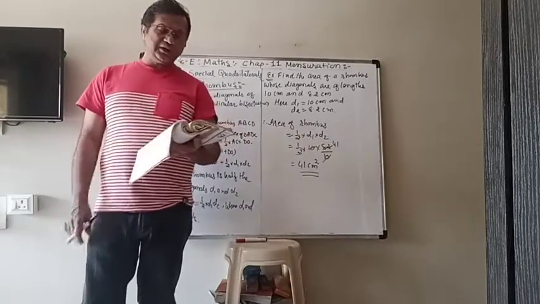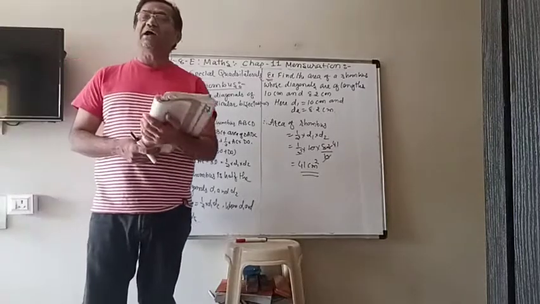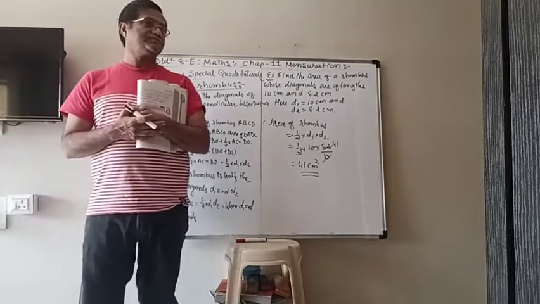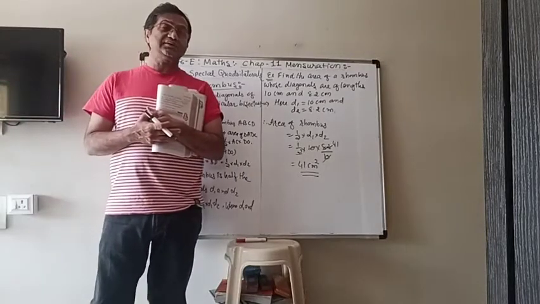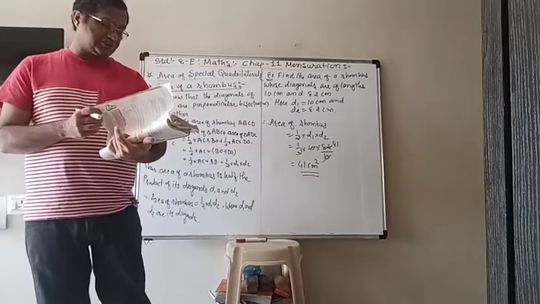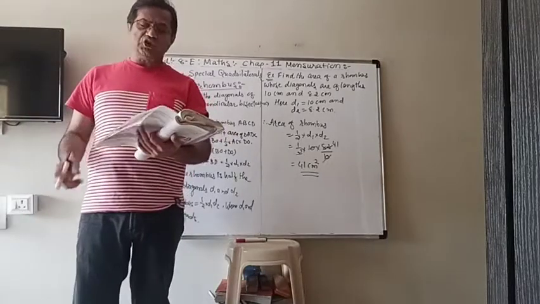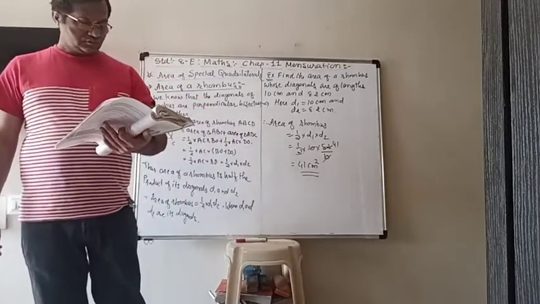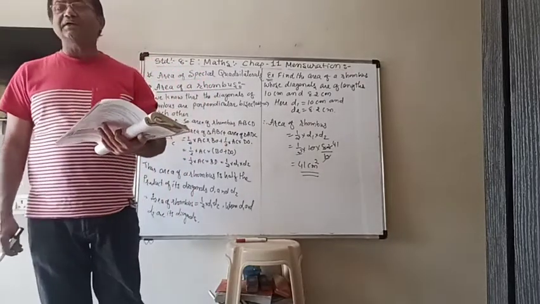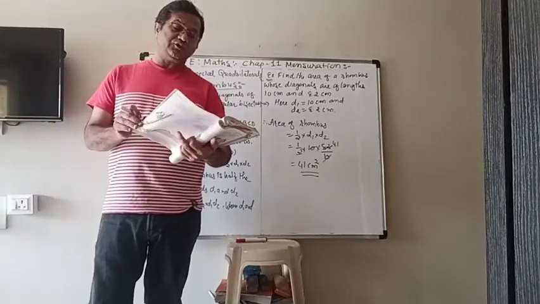In the beginning we revised the formulas of area and perimeter of some plane figures like square, rectangle, triangle, circle, etc. Then we saw different figures and found their perimeters in exercise 11.1.